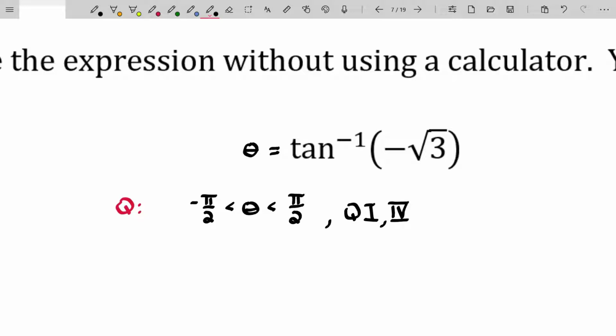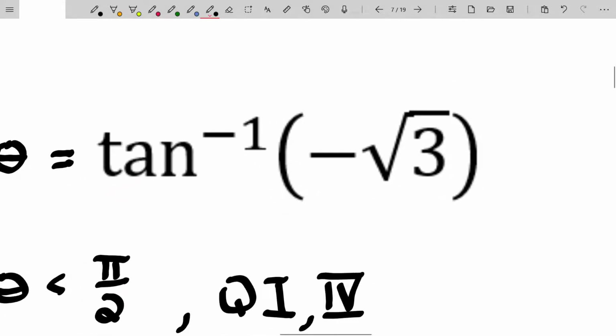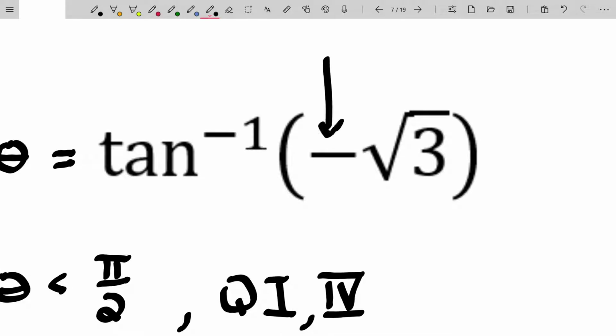Now let's do the reference angle step. In this case, this is a special trig ratio. We just need theta hat, a reference angle, such that tangent of theta hat is equal to a positive √3. I don't really concern myself with the negativity of this until I lock down the quadrant.